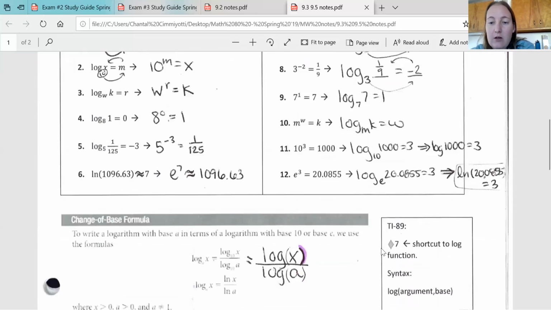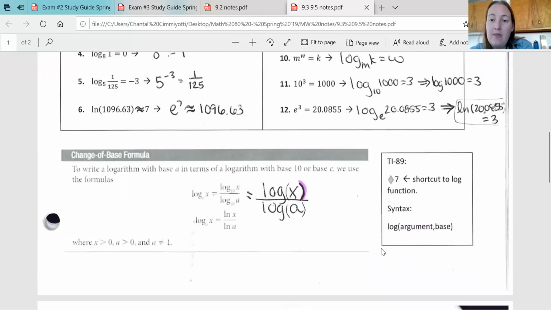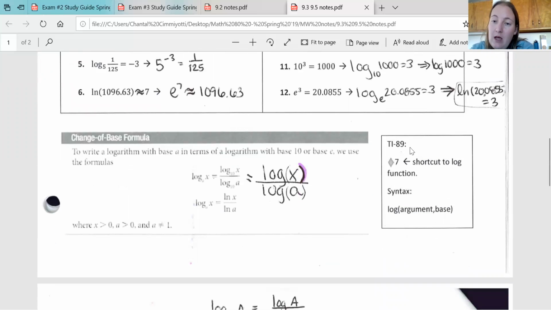Now your calculator is great with log base 10 and the natural log, the log base E. Depending on how fancy your calculator is, you might be able to do other bases pretty easily. The TI-89, for example, has the ability to do a log in any base. The shortcut is diamond 7, and the syntax then is you put your argument, comma, your base.